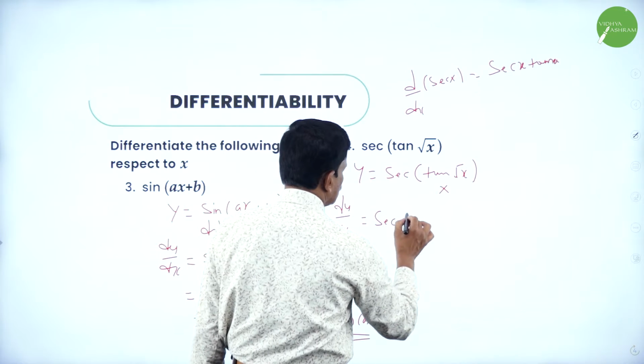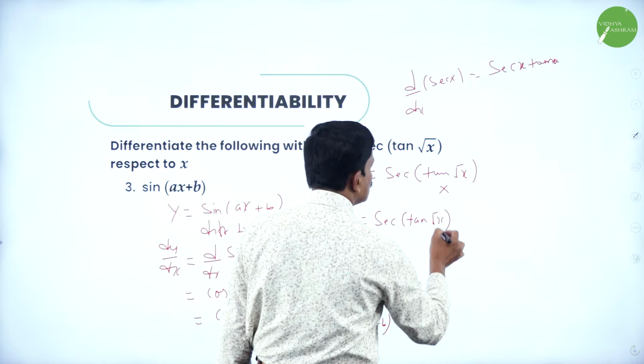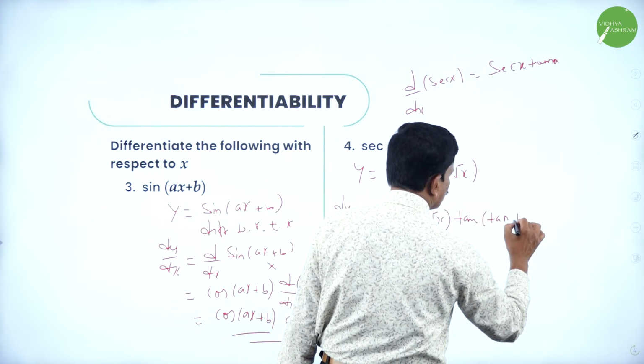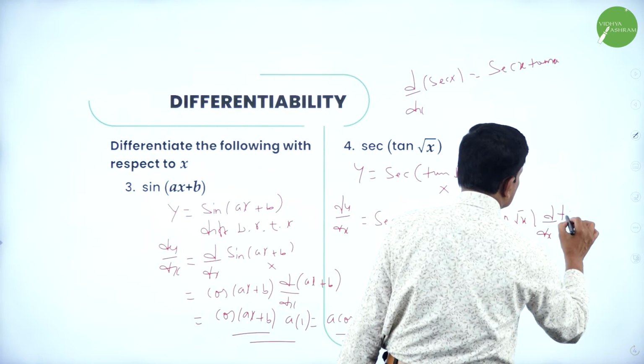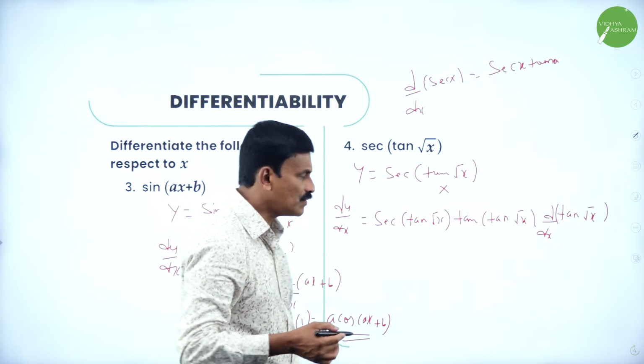Differentiation of secant x is secant of tan root x, secant x into tan x, tan of tan root x into d by dx of inside function, that is tan of root x. This is function of a function of a function.